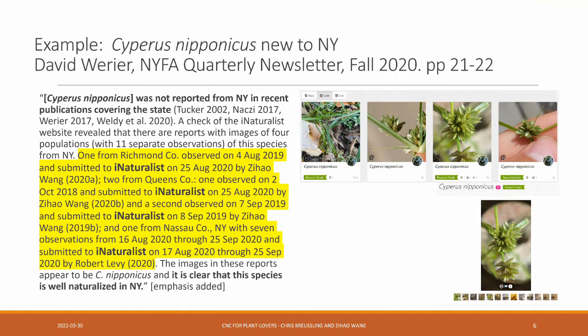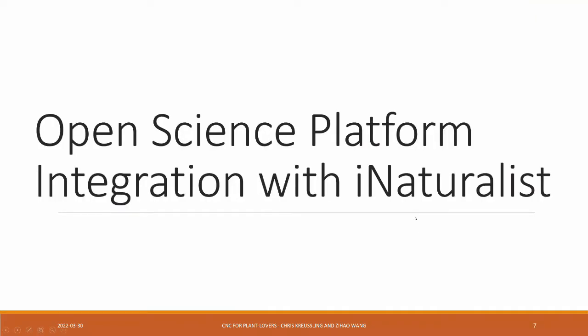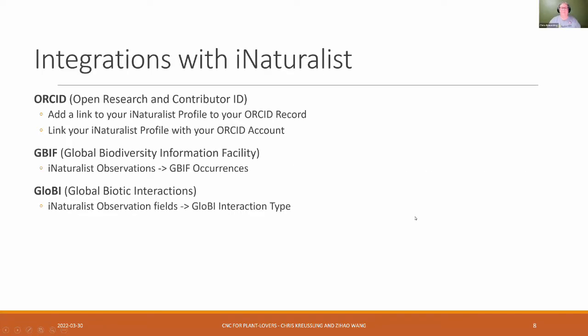Okay. So now Chris is going to talk about the integration with other scientific platforms. Okay. Part of what makes iNaturalist useful for science and research is that it provides some ways that other platforms can get at the observation. We're going to talk about what the requirements are for that to happen.